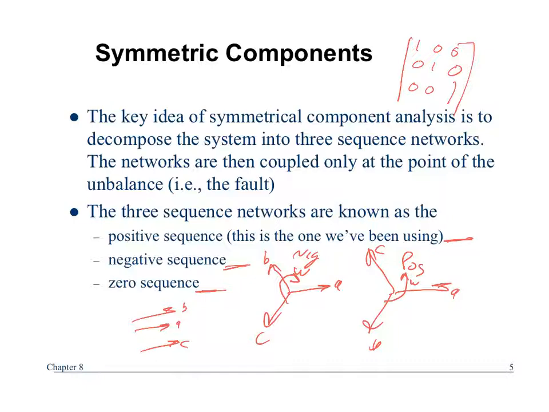In ABC or ACB rotation, these were all spaced 120 degrees. In zero sequence land, there is no spacing. They all have exactly the same angle.